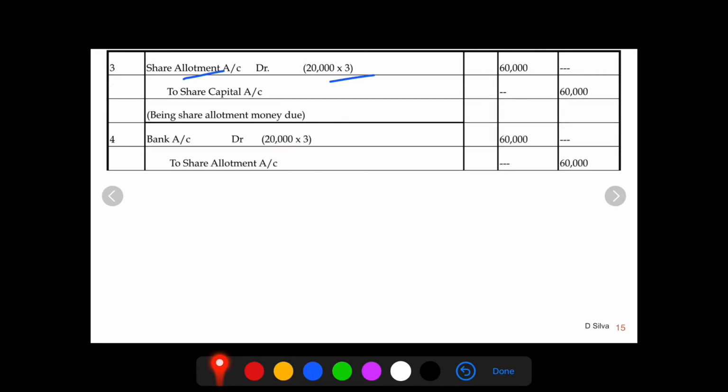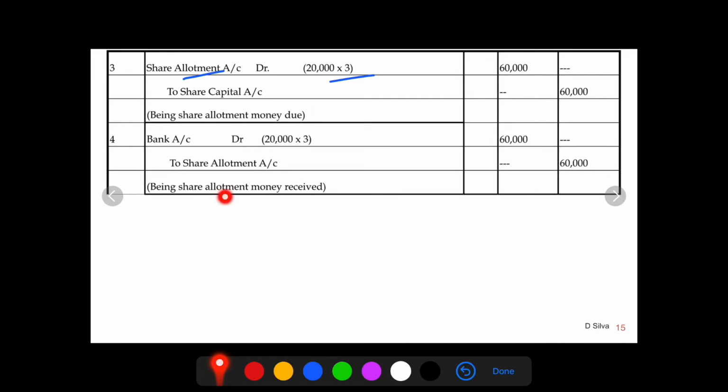Yes, of course, as per the question, we are receiving the money on allotment. Then the journal entry is bank account debit to share allotment account. On 20,000 shares which are being issued for rupees 3 on allotment, money which is being debited and credited is 60,000. Share allotment money is received.